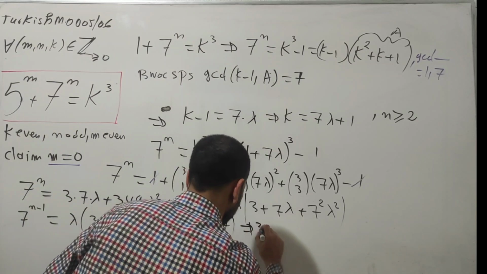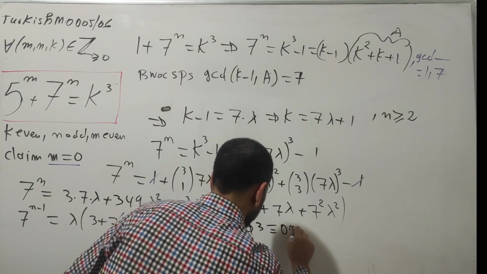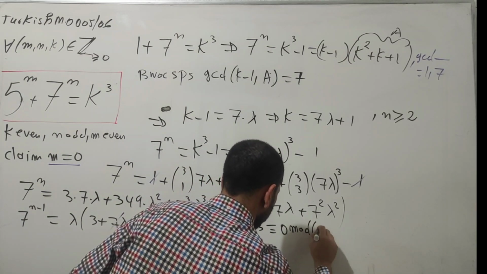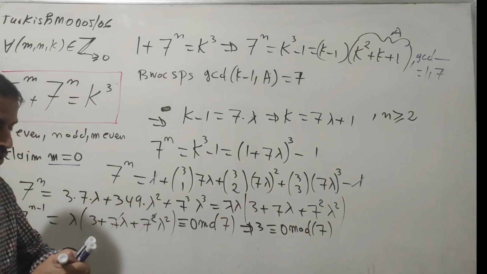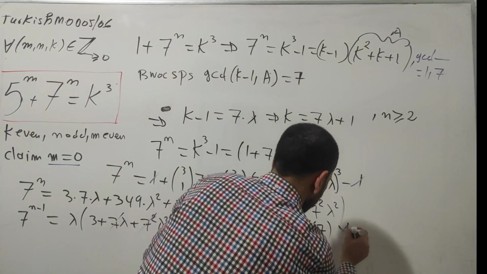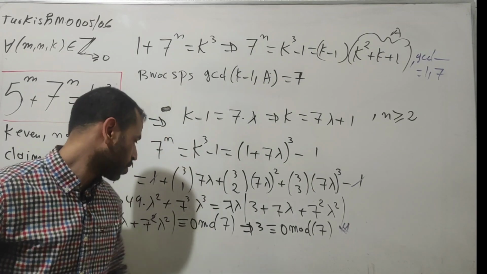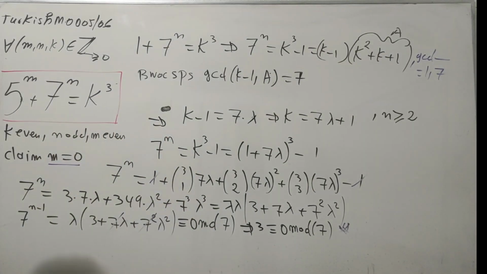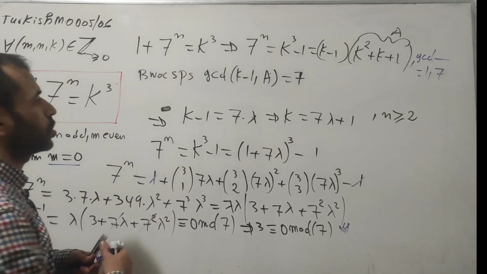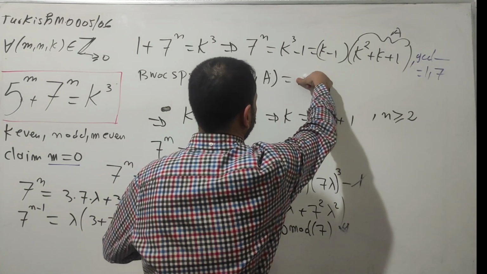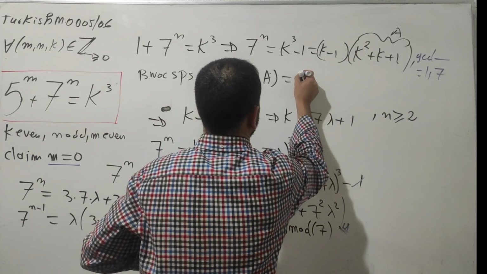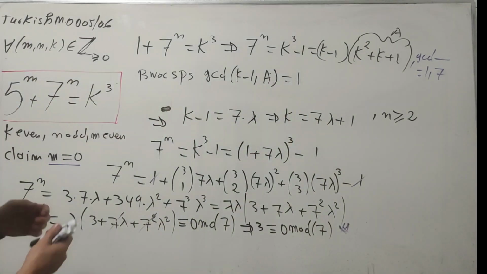Which means 3 is congruent to 0 mod 7. It's clearly a contradiction because we get different remainders. You get 3, which means 7 divides 3, which is impossible. Well, we have contradicted our GCD. Now our GCD cannot be 7, so it turns into 1.